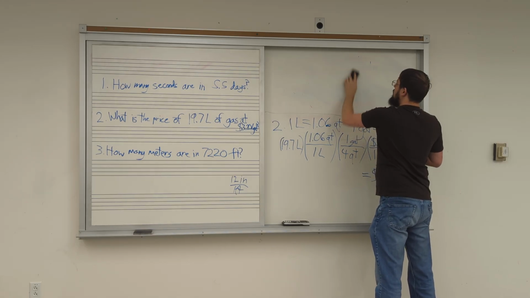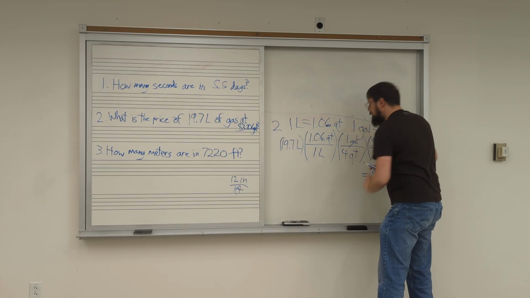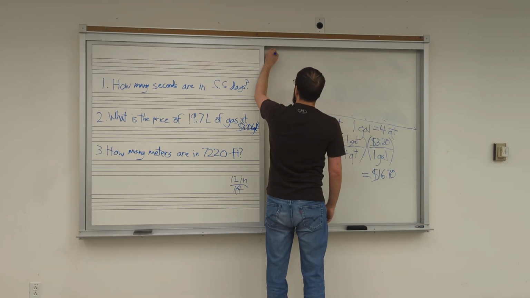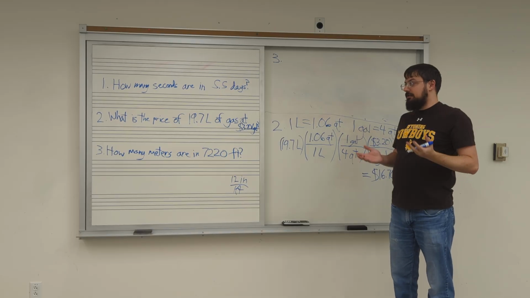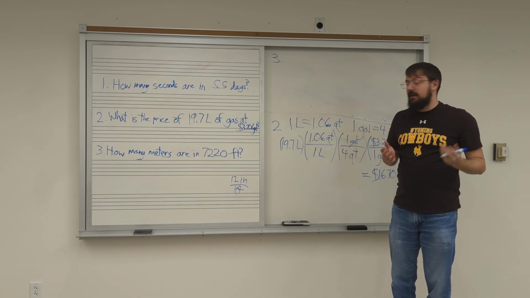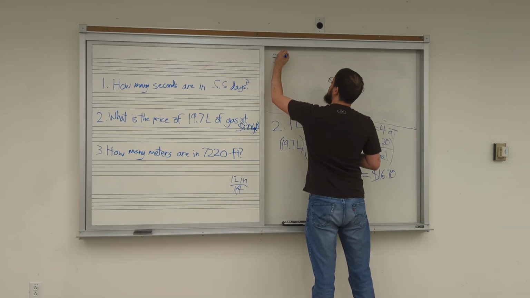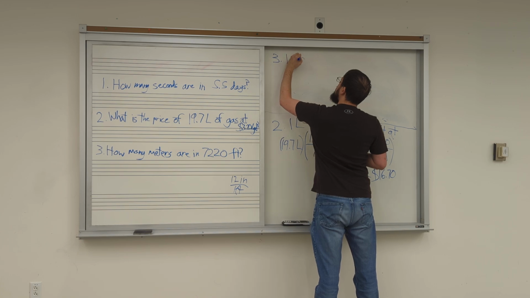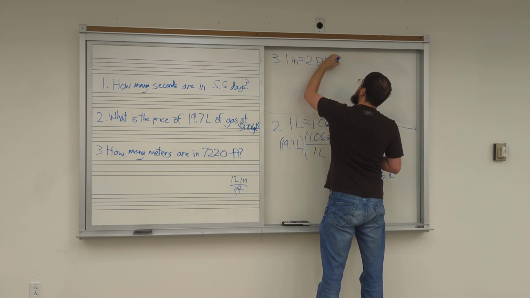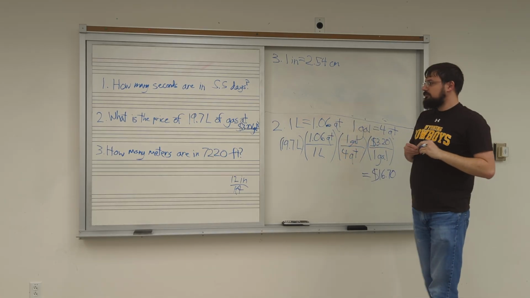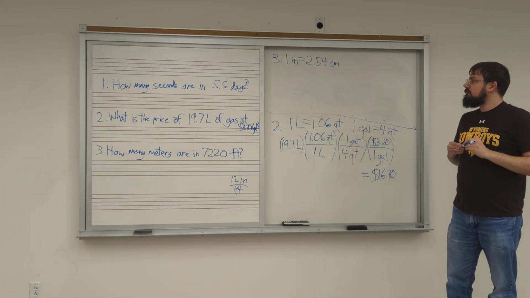So, for the purposes of today, one conversion factor that I like to give my students on exams, and this is an exact conversion factor, is that 1 inch is 2.54 centimeters. All right?